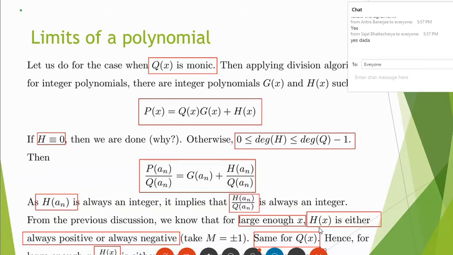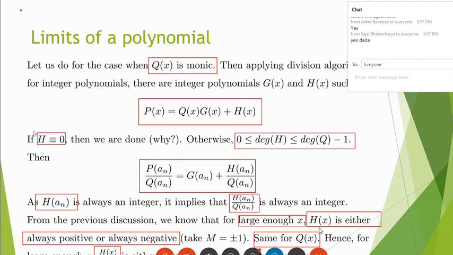If h of x is positive and q of x is negative, then h of x by q of x is negative. If h of x is negative and q of x is negative, then the ratio is positive. If both are positive, the ratio is positive. If h is negative and q is positive, then again the ratio is negative. Anyway, for large enough x, h of x by q of x is also either always positive or always negative.